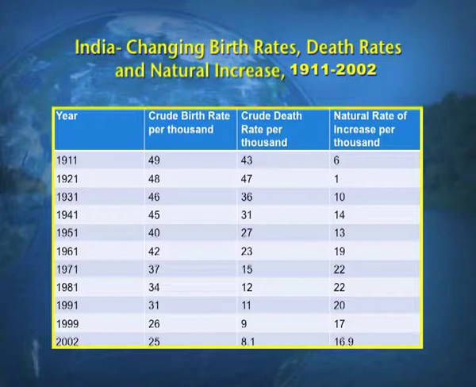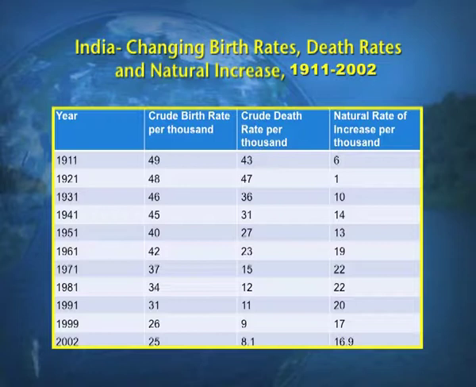So, for the years 1911 onwards up to 2002, if you look at the last column, which shows the natural rate of increase per thousand of the population, you can see in 1911 this increase was 6 only, because the birth rate was 49 and the death rate was 43, resulting in an increase of 6 persons per thousand.